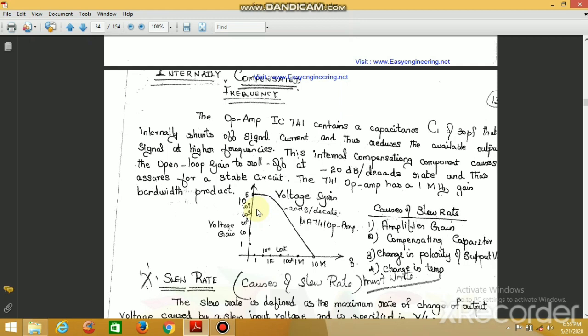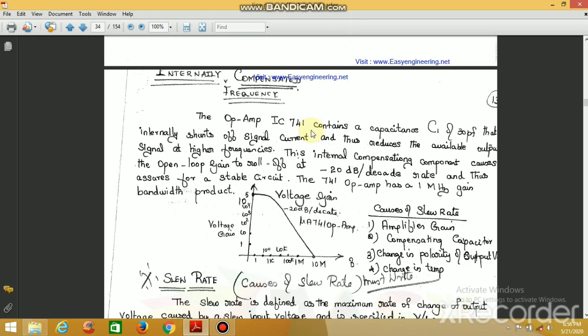So in this case we can use the internally compensated op-amp. The op-amp IC741 contains a capacitance of 30 picofarad. It shunts the signal current and reduces the available output signal at the higher frequencies. So this compensation technique takes place internally and it produces a stable circuit.